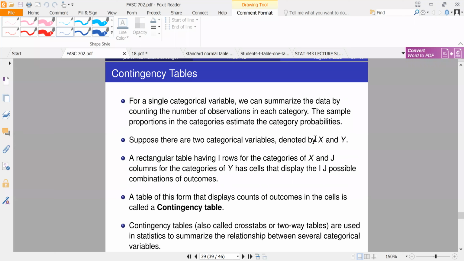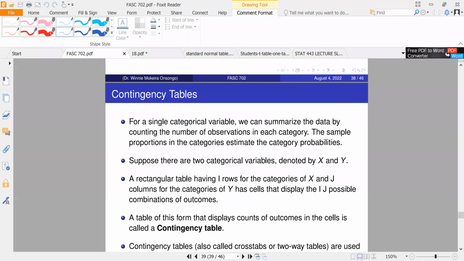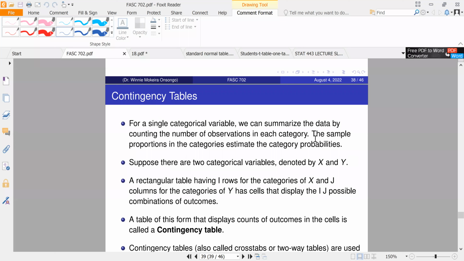For example, maybe you are in that room that has maybe 20 people. You can have two variables of interest: gender, male or female, and their health status, healthy or sick. Those are two variables. So you'll find that a male can be healthy or sick. A female can be healthy or sick.